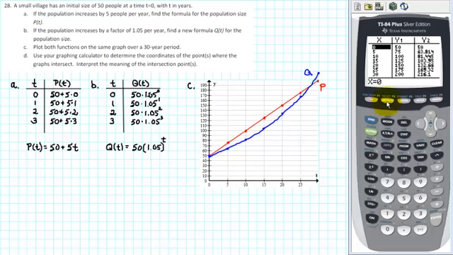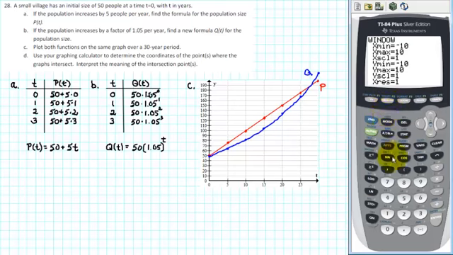We'll go to Window to set up our viewing window. For our x values, we'll let them range from 0 to 30 with an increment of 5. For the y values, the initial population for both scenarios is 50, so we'll start at 50.